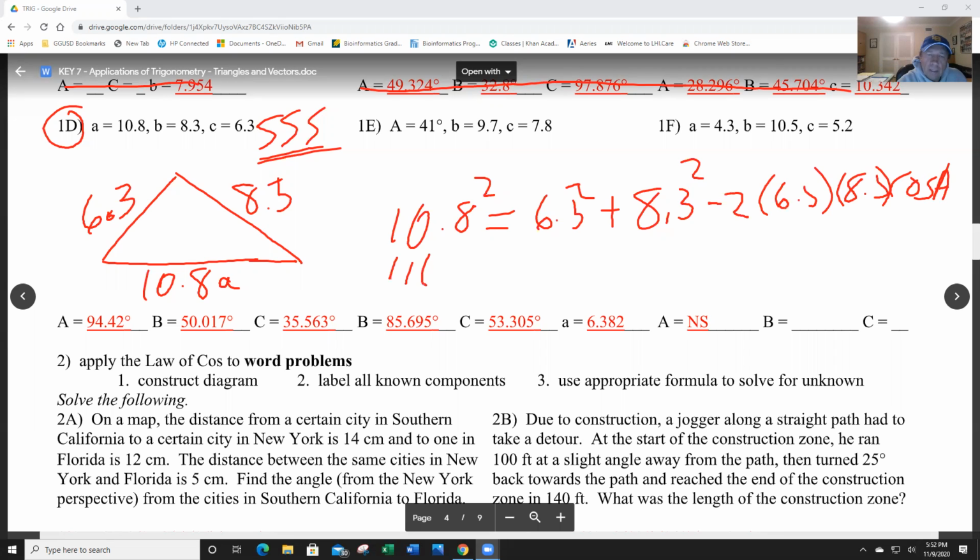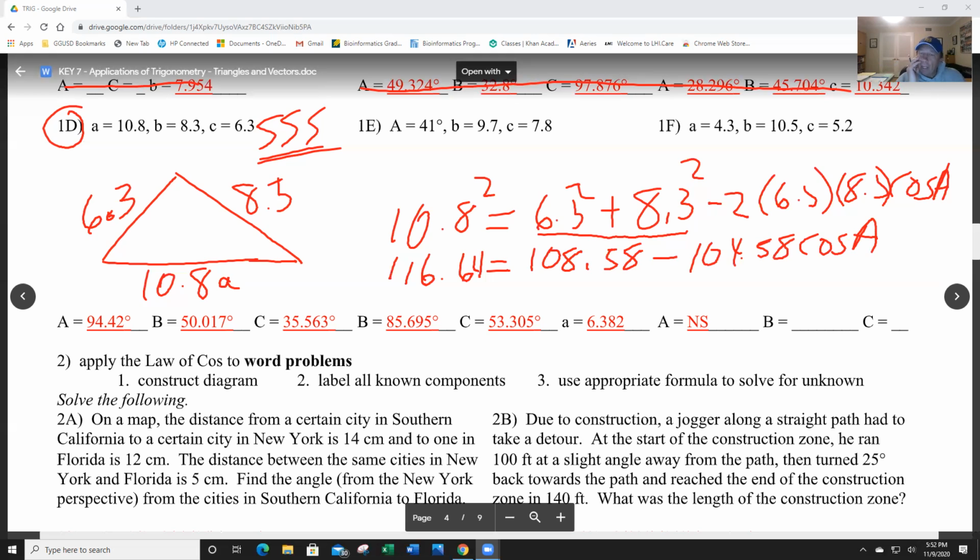You're going to solve this side with your calculator, 116.64. You got to get the summation of this, which is 108.58 minus 104.58 cosine A. Okay, and then from here, you'll use your algebra and you'll subtract 108.58 from 116.64 and then divide by 104.58, then take the inverse of that.